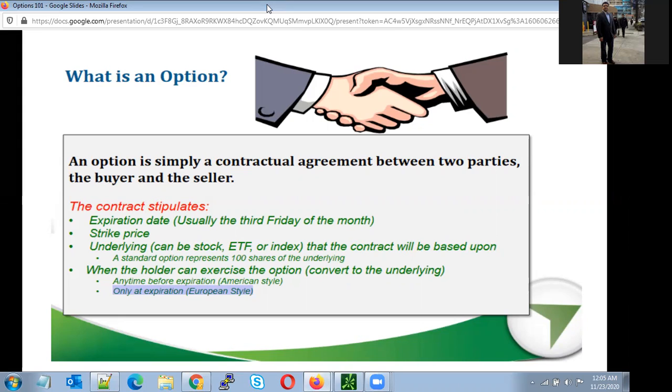We are doing a contract between two parties where one party may have stocks and one party is just thinking about the stocks. You don't have to have stocks to sell the contract. That is also a little bit confusing. Two parties are agreeing: one is going to give you the stock, one is going to buy the stock.